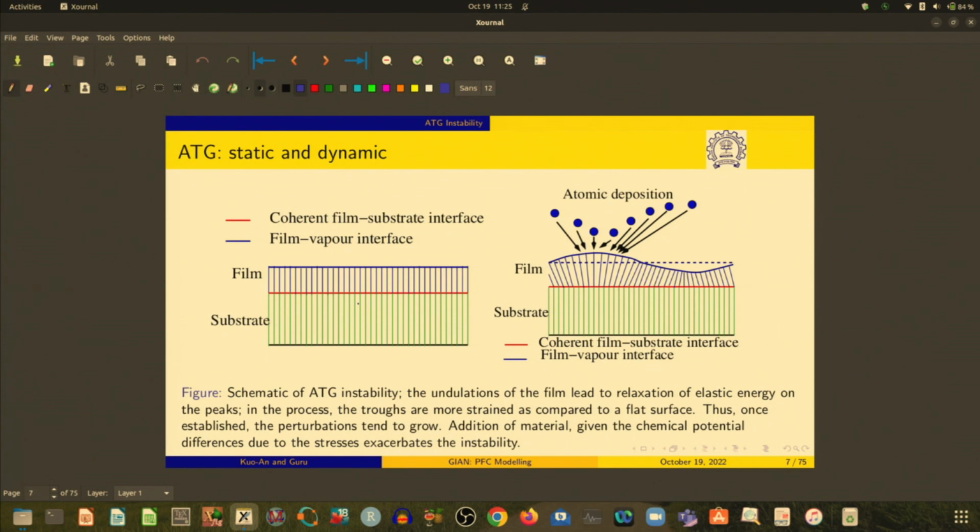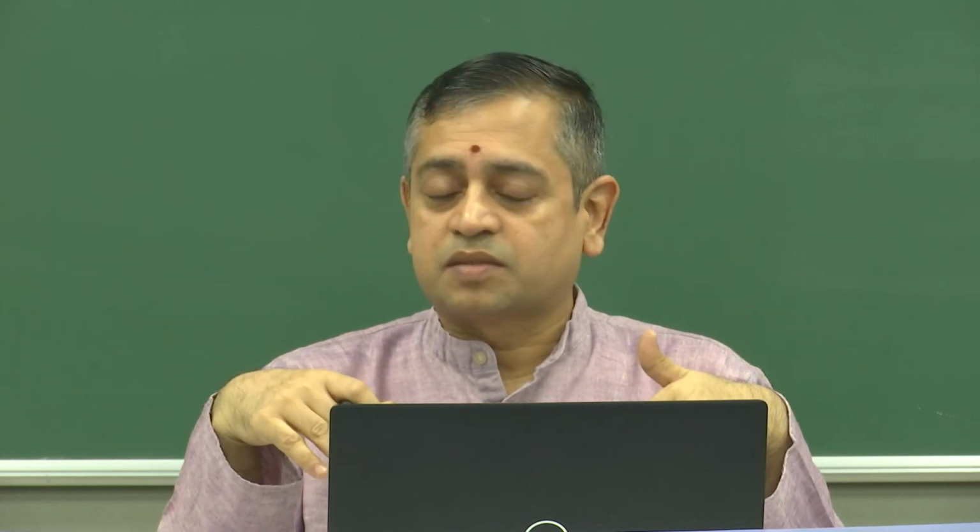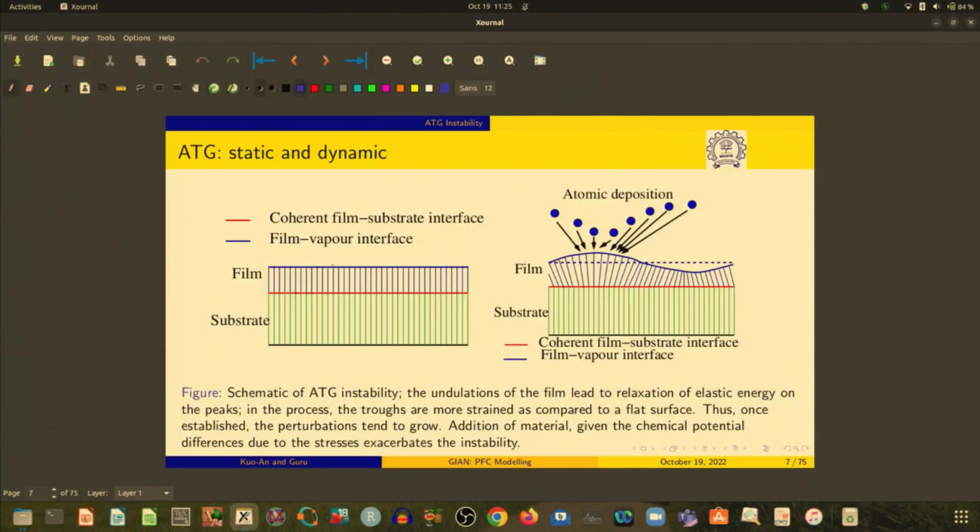If you form a film, it will have a lattice parameter which will be different from if you deposit it on a substrate, because the substrate being a larger system imposes its lattice parameter on the film, which is very thin, which means the film is under compressive or tensile stresses depending on what its lattice parameter is compared to the substrate. Now, if the film surface is flat, it has to have the same lattice parameter throughout the film. So, there is a homogeneous strain that it has to store.